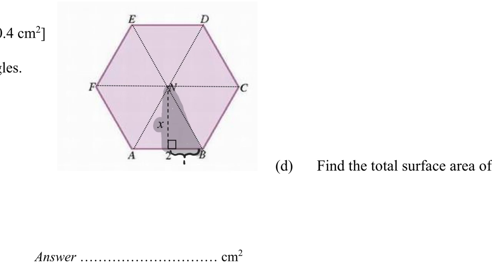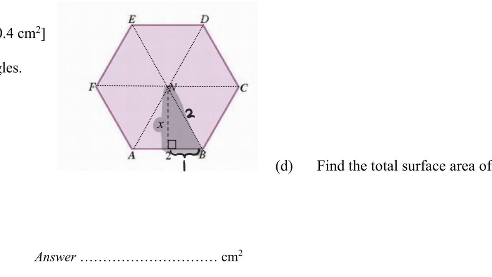This is 1, and this is 2, because the whole triangle is an equilateral triangle, right? So all the sides are 2, 2, 2.